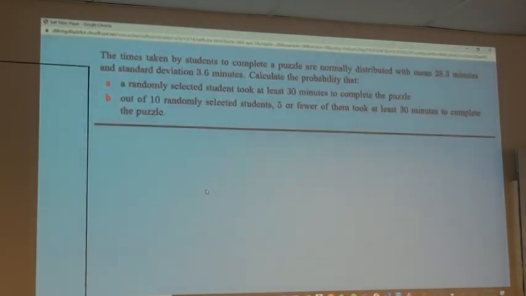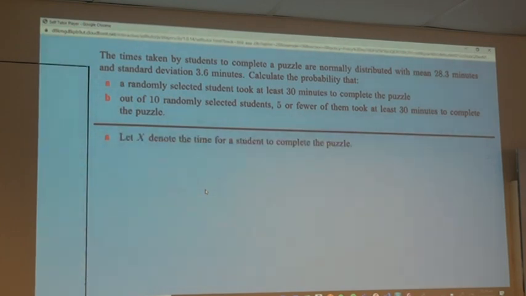In this example, the times taken for students to complete a puzzle are normally distributed. We are given the mean and standard deviation. In part A, we want to find the probability that a randomly selected student took at least 30 minutes. If x is the time for a student to complete the puzzle, then x is taken straight from the given distribution.